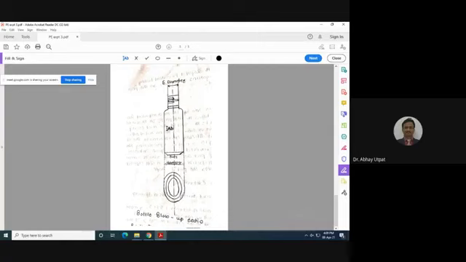If the parison is not properly hot, it will not be blown correctly. That's why you will not get the correct blow ratio. Are you getting my point? So this is all about blow ratio. Please take the screenshot.